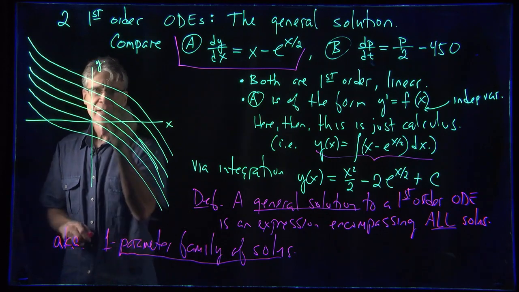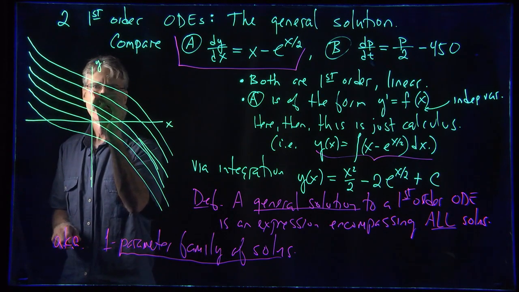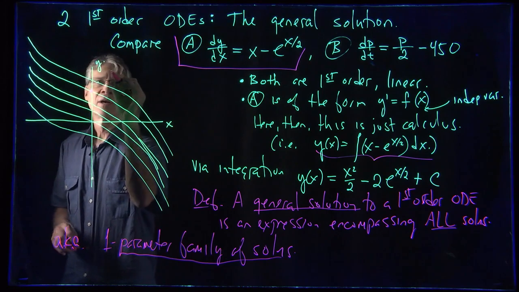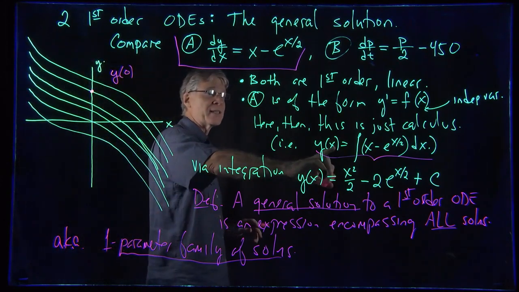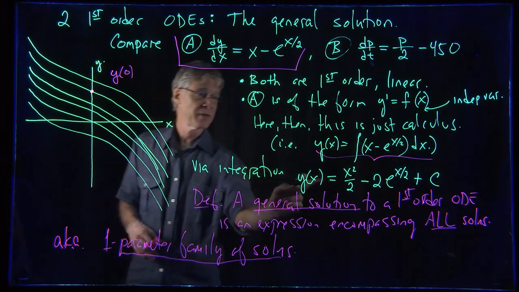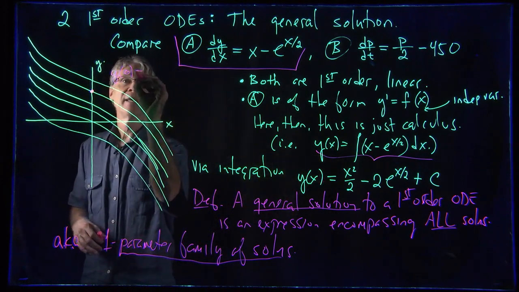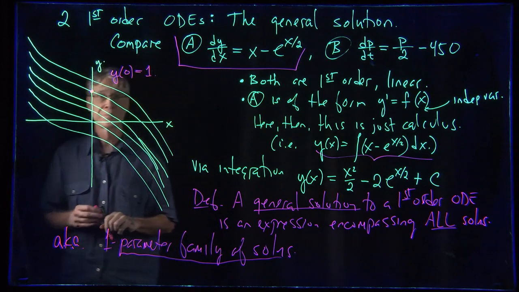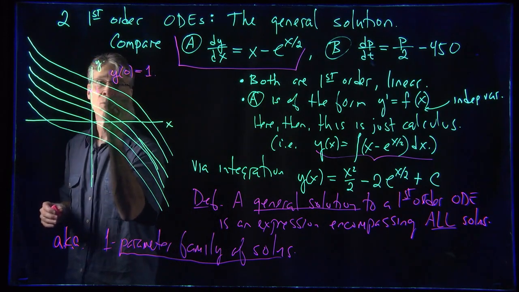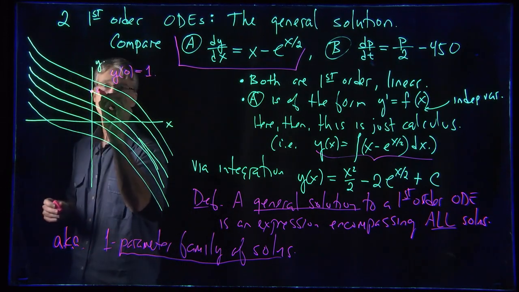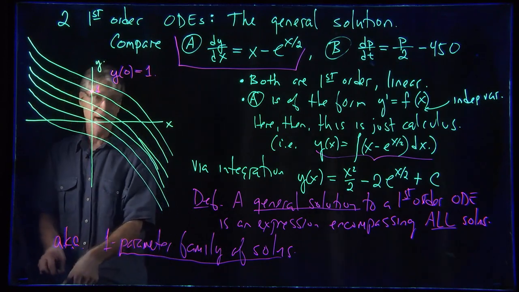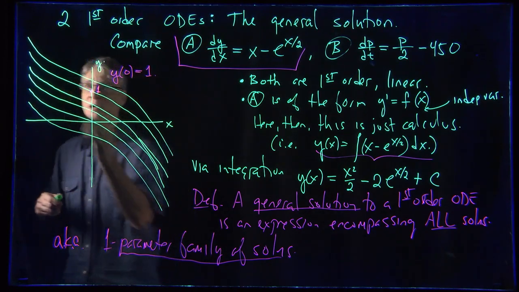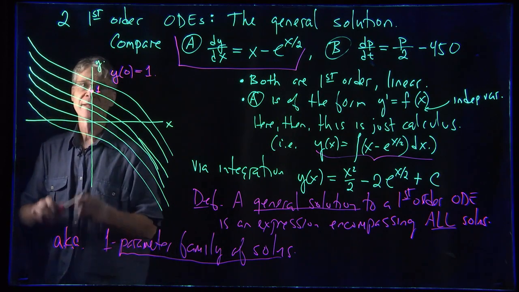For instance, let's say I put this one here, and this corresponds to the particular function where if I stick in 0 for x, I get 1. So this is the value 1 in this particular case. And that corresponds to this particular curve.